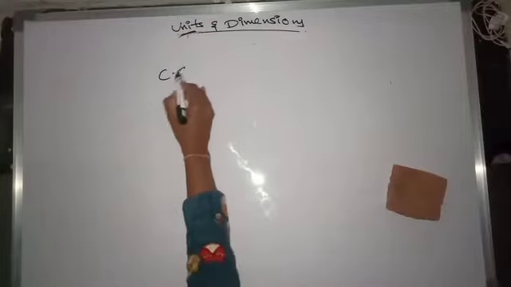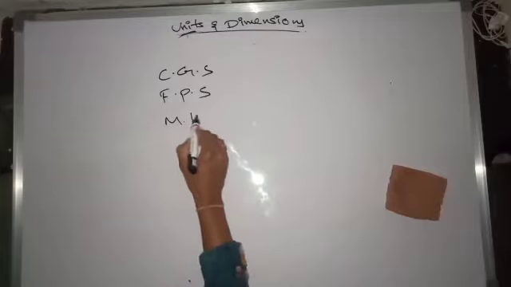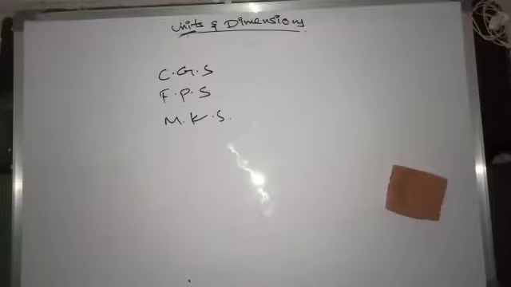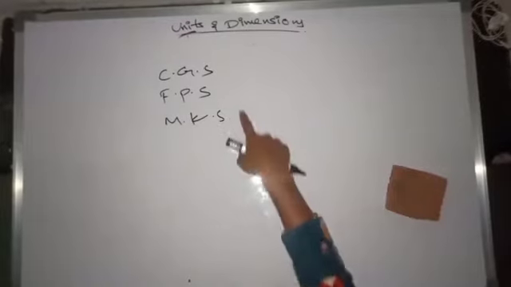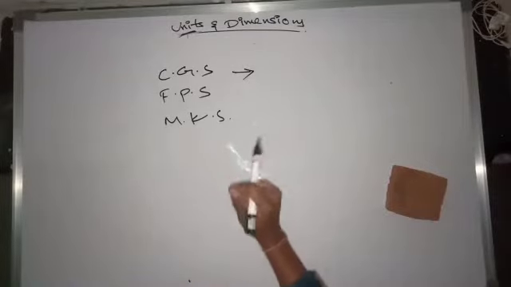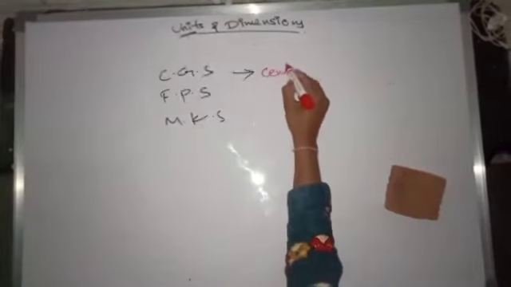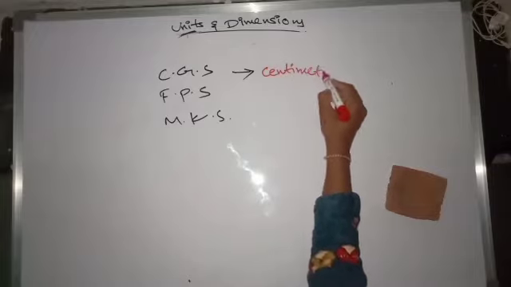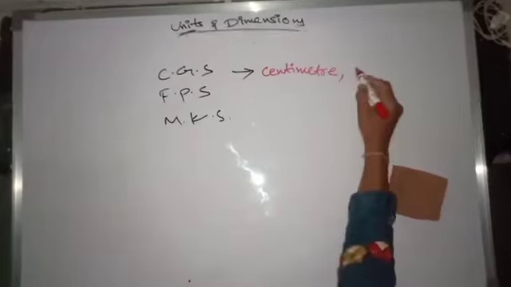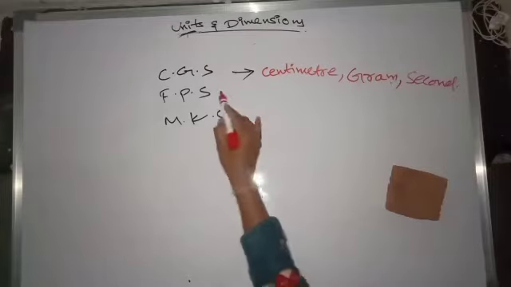In these systems, length, weight and time are measured in terms of, for CGS, centimeter for length, gram for weight, and second for time.